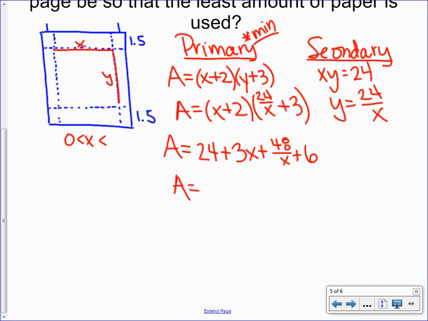So what we have is 30 plus 3X plus 48 over X. If you want to write it as X to the negative first, that's fine. Some of us by now can think about that in our head.